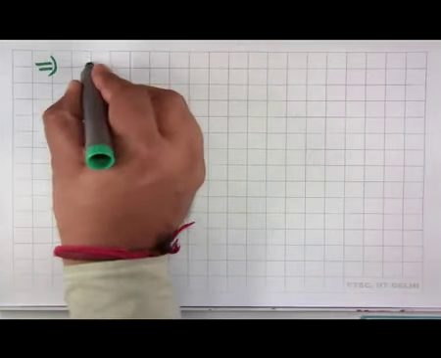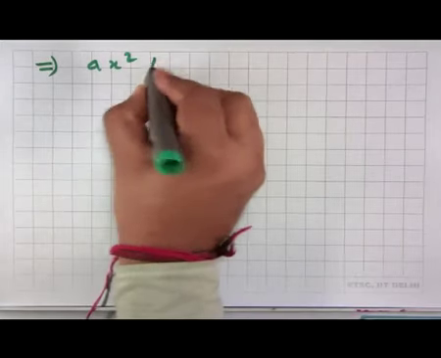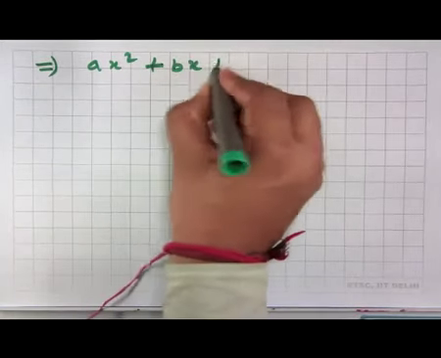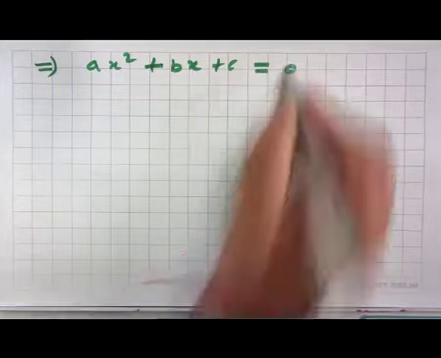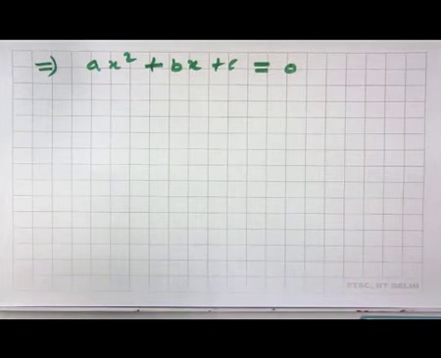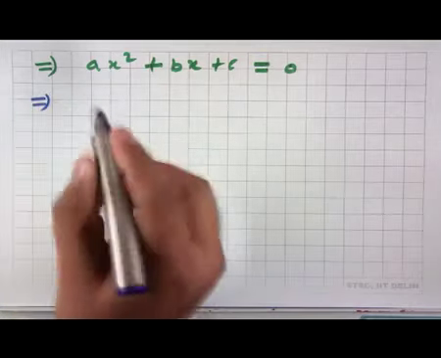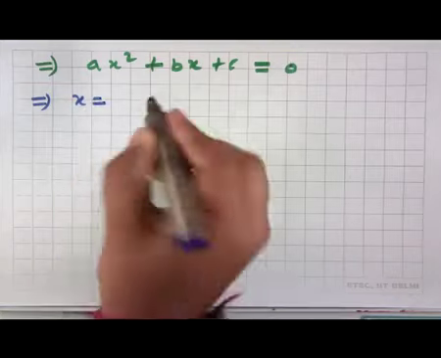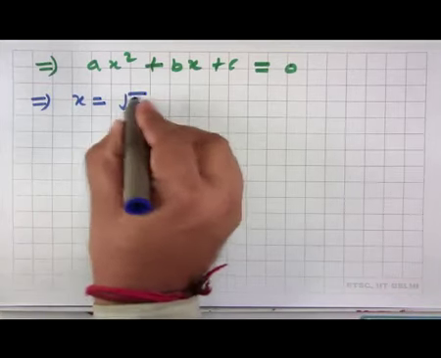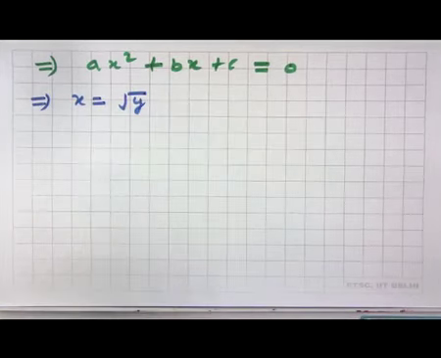Suppose ax square plus bx plus c equal 0 is the quadratic equation. Now, we shall find the another quadratic equation by putting x equal under root y.